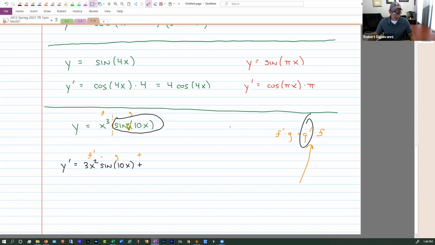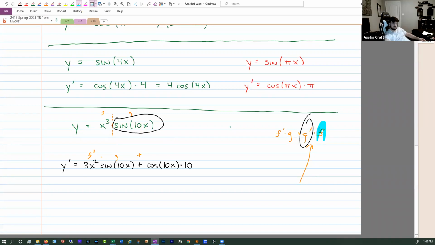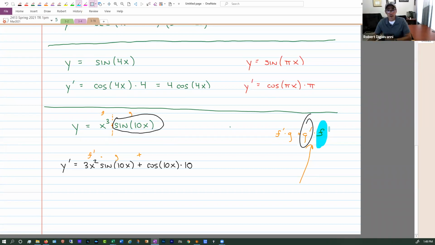I take the derivative of the outer, which is cosine, and inside of that I don't change it, it's 10x. Then multiply that times the derivative of the inside, which is 10, and that takes care of the chain rule. But what still remains? What have we still not put here? The f from the product rule. We still have that f to throw in, so we throw the x cubed at the end.